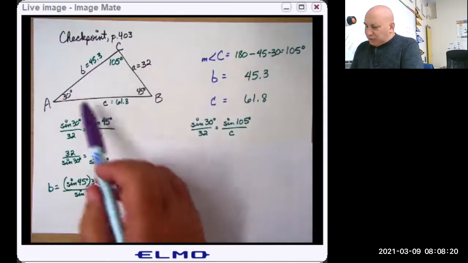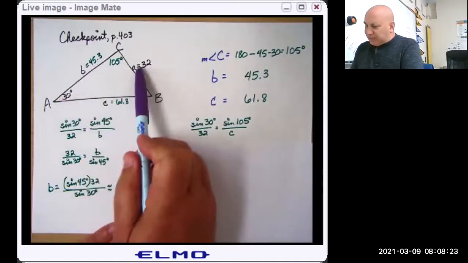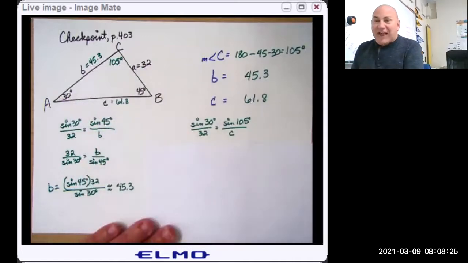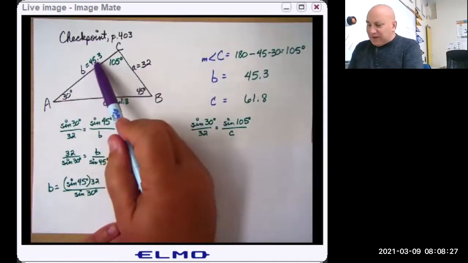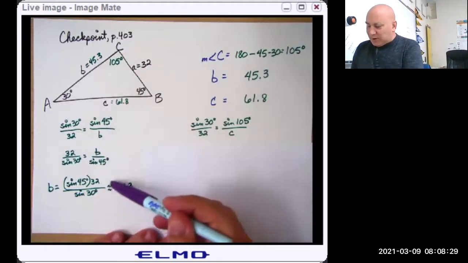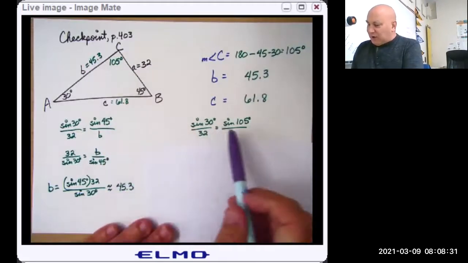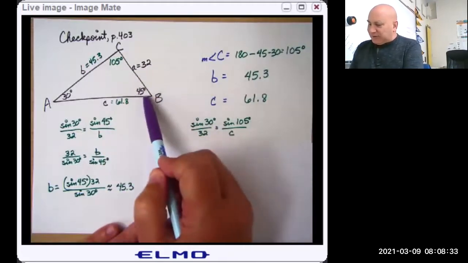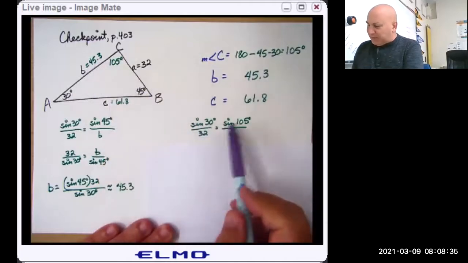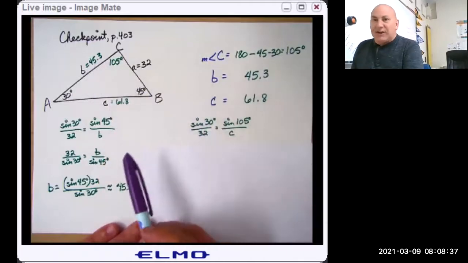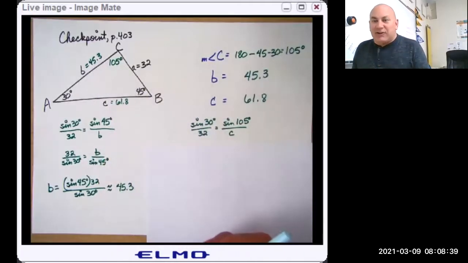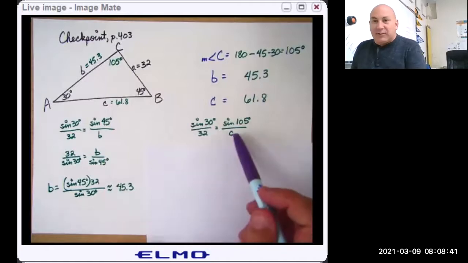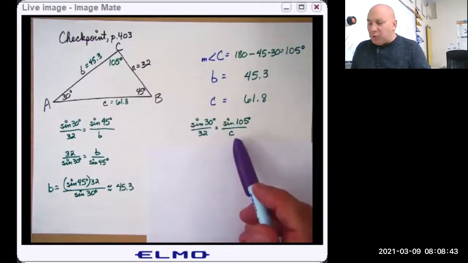Well, the 30 degrees and the 32 were exact values. This 45.3 is a decimal approximation. So I didn't use the 45 degrees and the 45.3 over here because I don't want to put an approximation into my formula, because then I'm introducing more error.